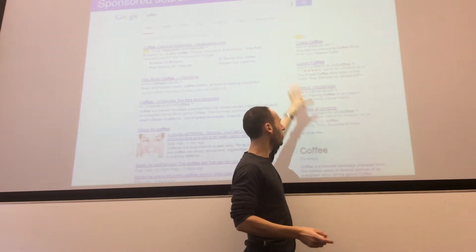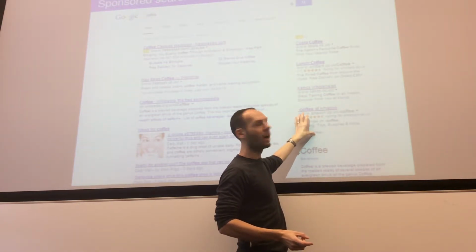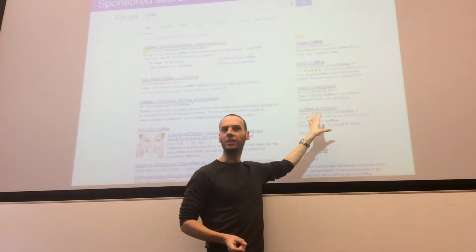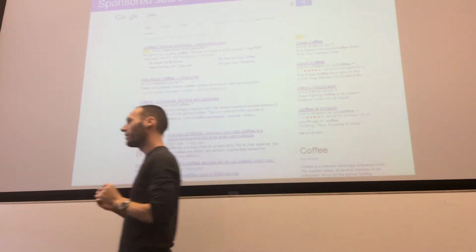Well, it depends on which slot I'm in. If I'm here, then I'm willing to pay less because I've less chance of being clicked than if I'm at the top. So the solution was, instead of pay-per-impression, to have a pay-per-click model.